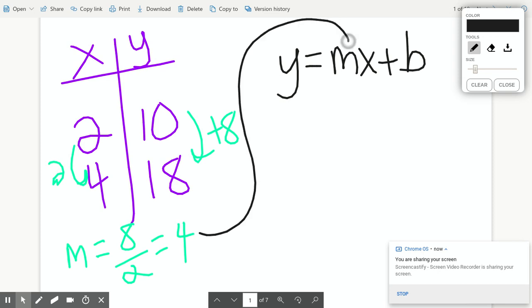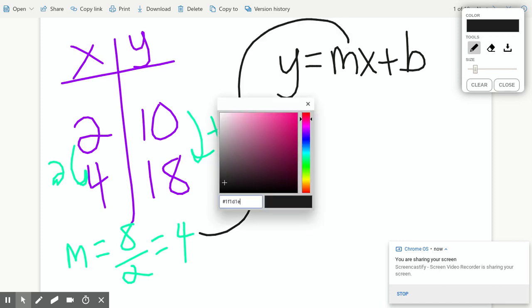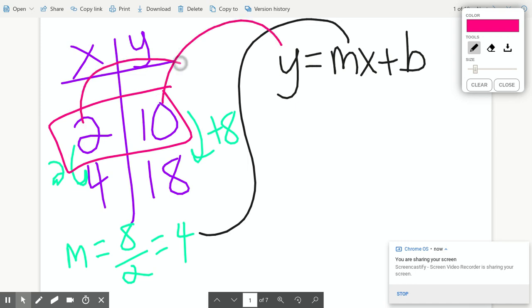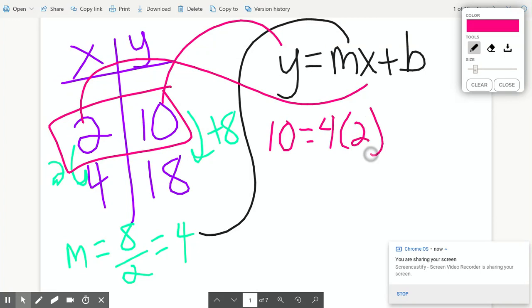So I plug in my m, and I plug in a point. So I'm going to plug in 2, 10. So 10 I'm going to plug in for y, 2 I'm going to plug in for x. So we have 10 equals 4 times 2 plus b.